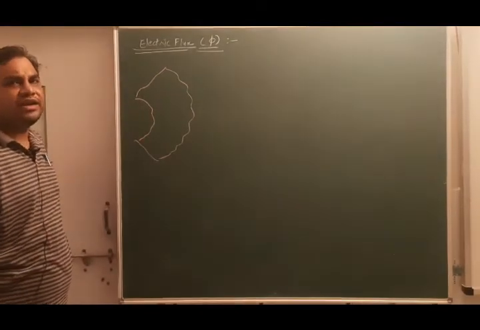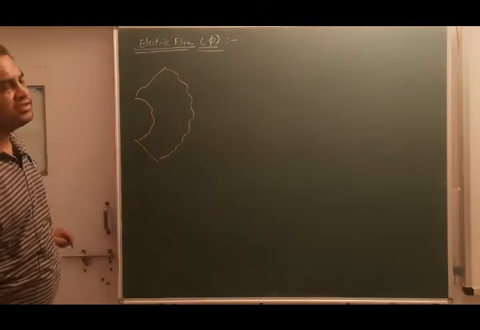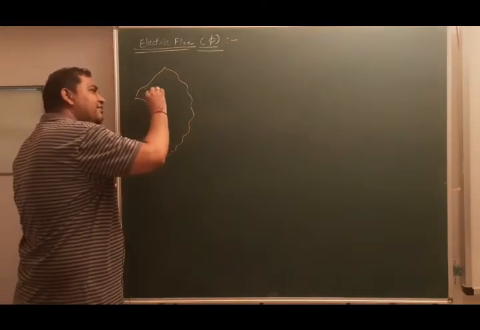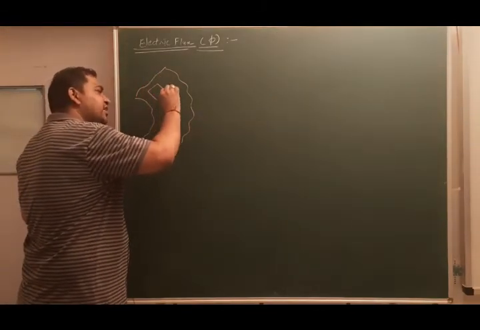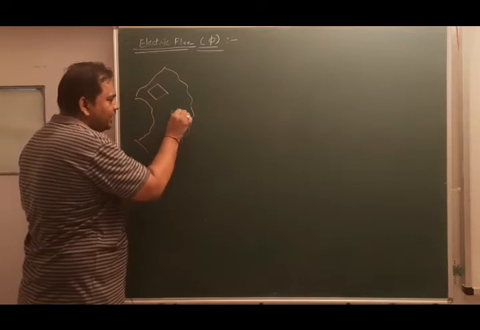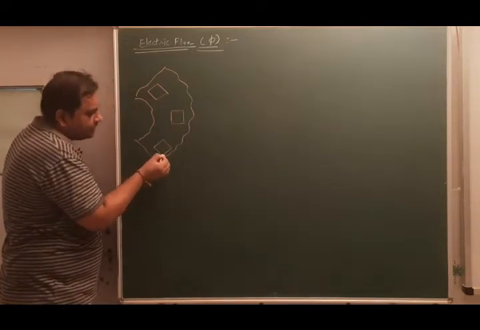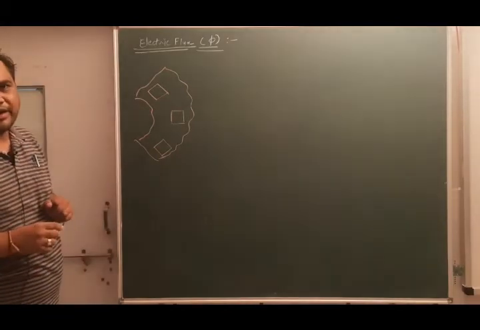How we find out the electric flux that is associated with this irregular surface? So what we can do? We can divide this surface into multiple segments. ये पूरे surface को हमने multiple segments में divide कर दिया.